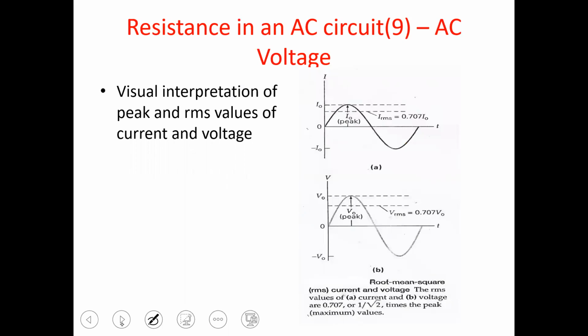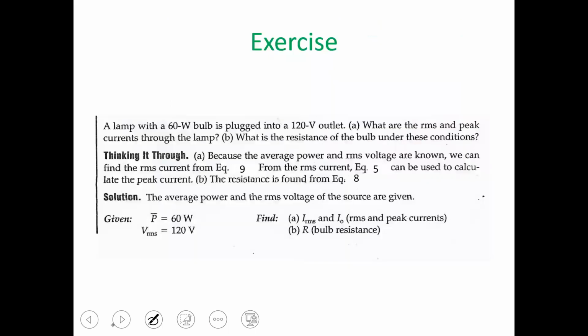So the resistance in the AC circuit, we've spoken about this before. Now an exercise: a lamp of 60 watts is plugged into a 120 volt outlet. What is the RMS and peak current through the lamp?